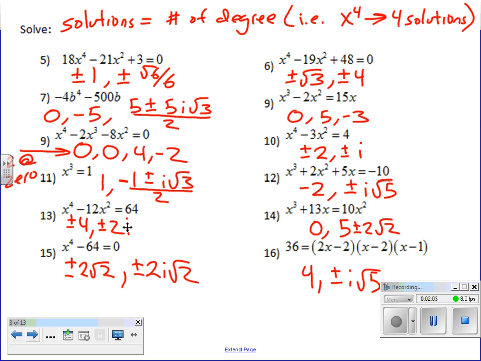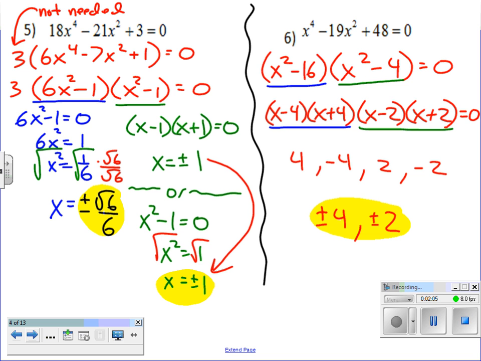So moving on, question 5. Take out a GCF, and then go ahead. We see a trinomial. X to the 4th power is really x squared squared. So it's a trinomial from quadratics. So you go ahead and set it up as binomial times binomial. And then once you get that, notice in blue here we can then set it equal to 0 and solve.